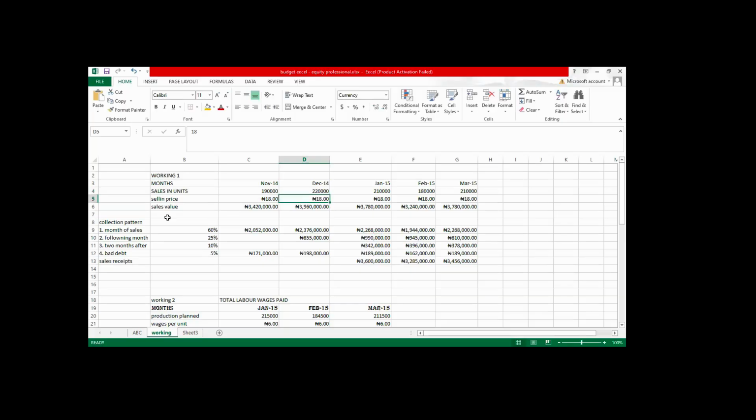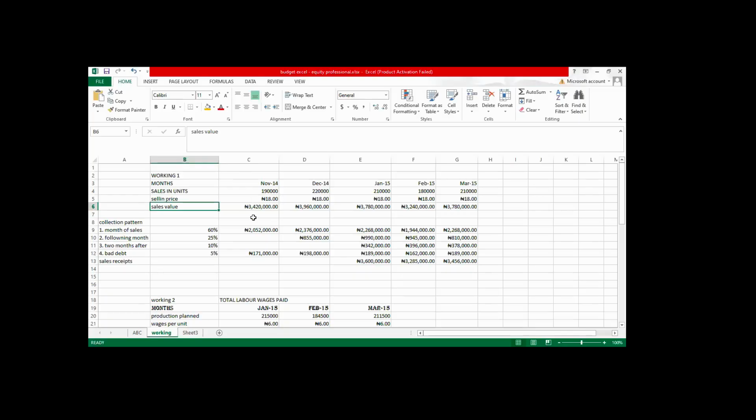What is the selling price per unit? 18 naira. Get your sales value: quantity multiplied by selling price. Please compute. 3,420,000.